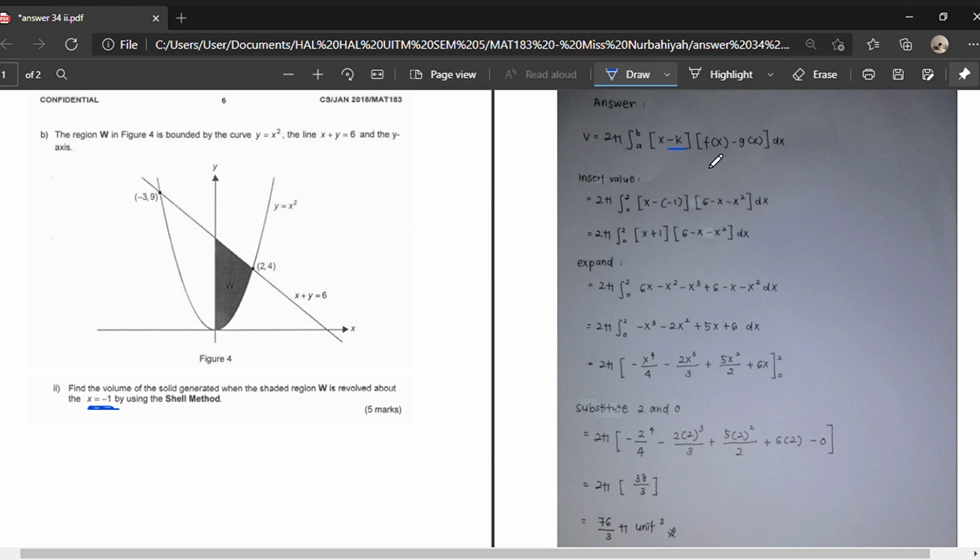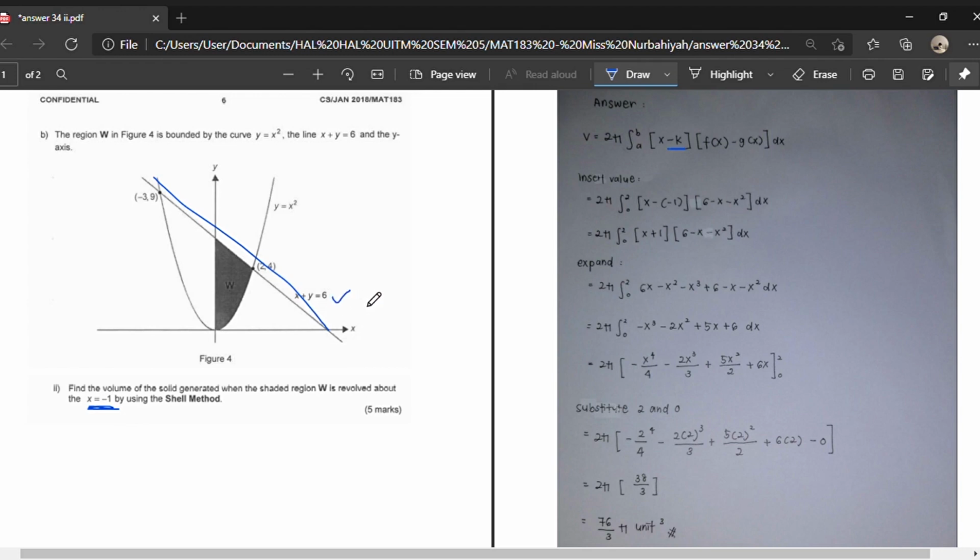Also for f(x), we can look at the graph, which is the straight line, x plus y equal to 6.